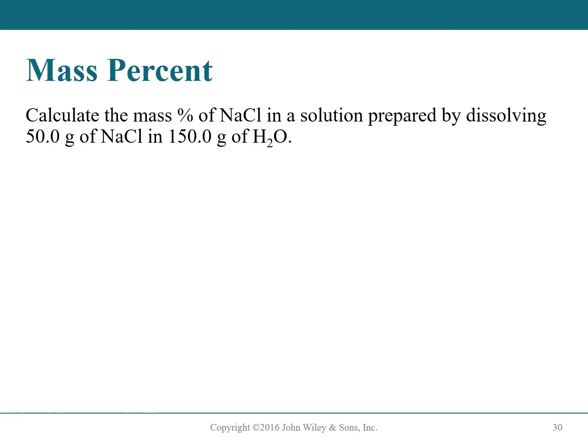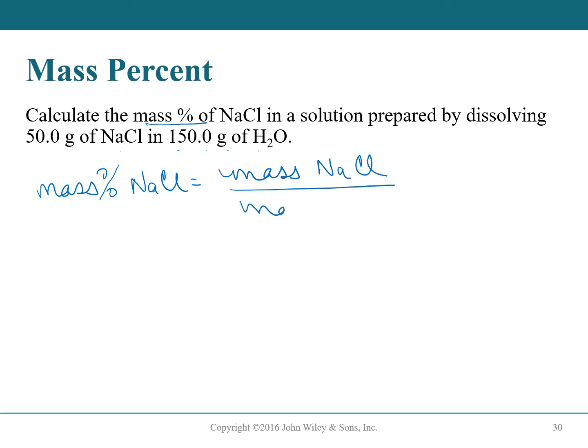So: calculate the mass percent of sodium chloride in a solution prepared by dissolving 50 grams of sodium chloride in 150 grams of water. So first, before we do anything else, the mass percent of solution is, the equation is, the mass of the solute divided by the mass of solution times 100%.